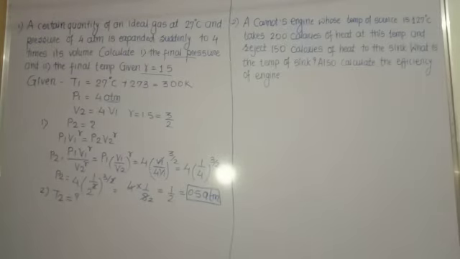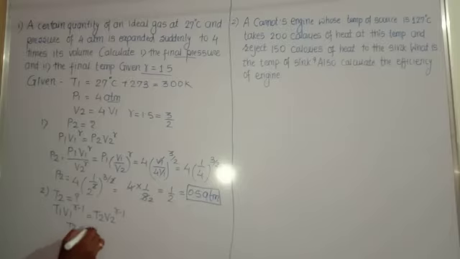So depending on this T and V, we have the formula T1 V1 to the power gamma minus 1 is equal to T2 V2 to the power gamma minus 1. Therefore, we have to calculate T2.